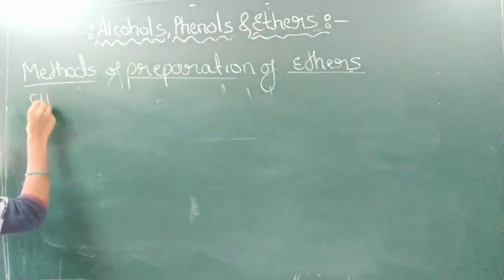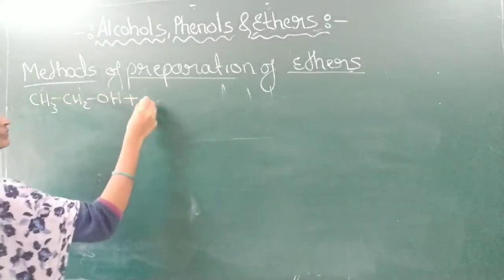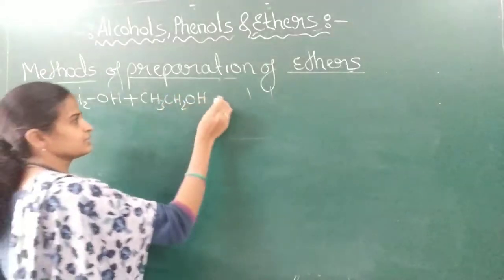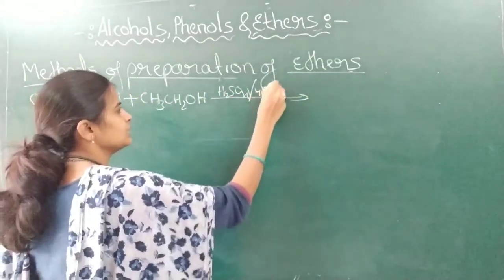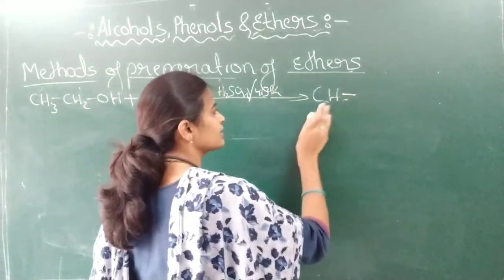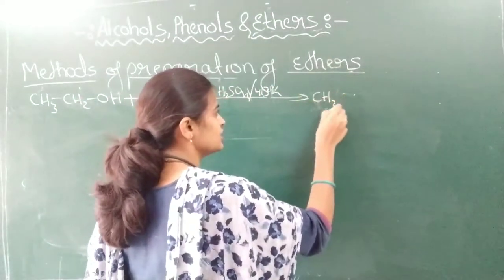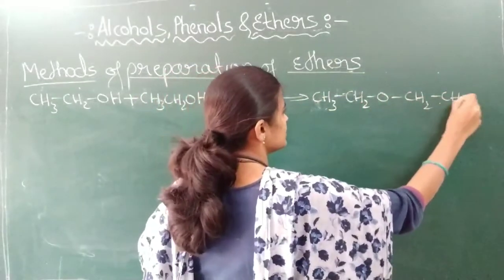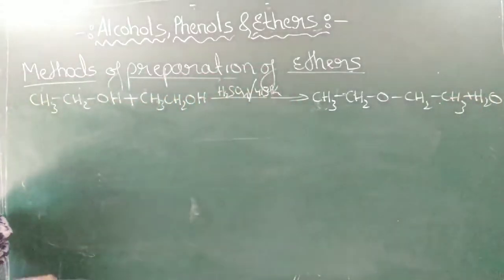CH3CH2OH plus CH3CH2OH, H2SO4 by maintaining 413 Kelvin temperature, it forms CH3CH2OCH2CH3 plus H2O. Okay, this we have written as a second example.